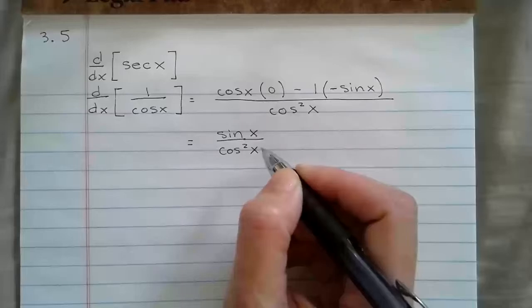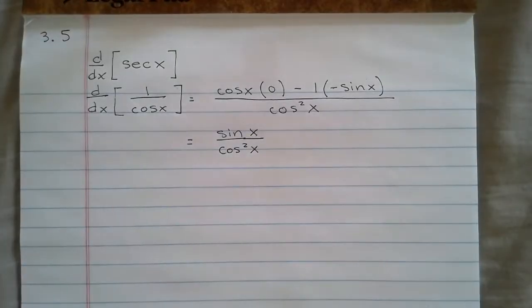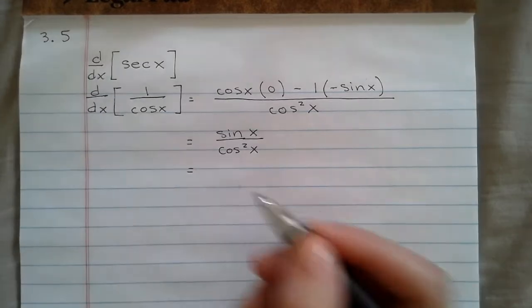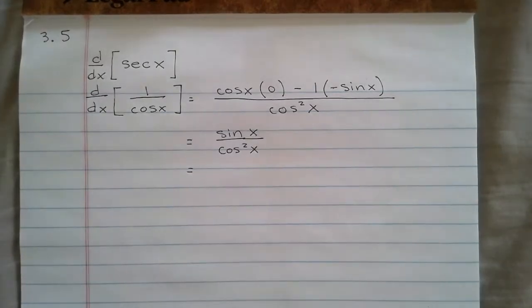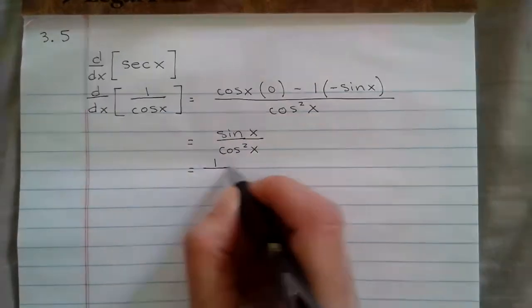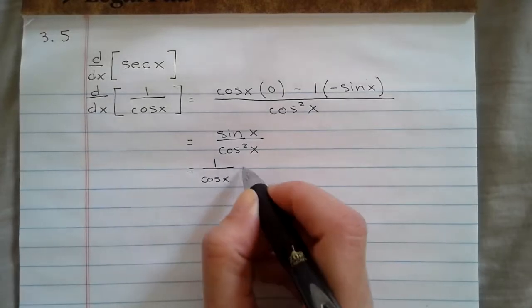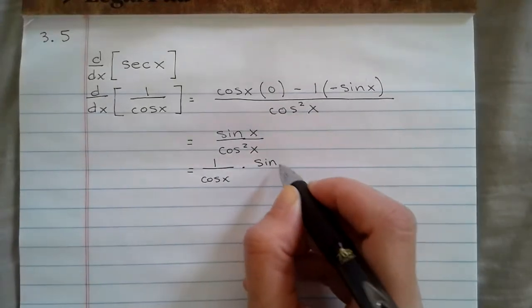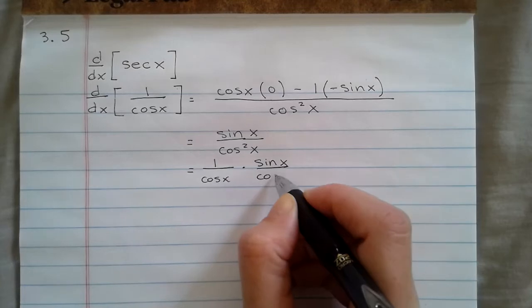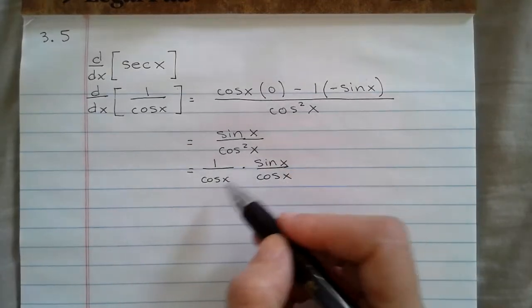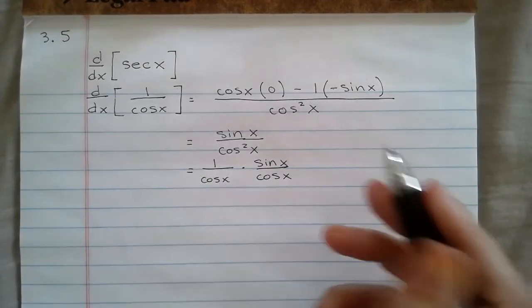And I'm going to do something kind of weird and split this up because there's a very traditional format that we put this in. We don't leave it as sine x over cosine squared x. We can rewrite this as 1 over cosine x times sine x over cosine x, right? It's the same thing. If you multiply it, we get sine over cosine squared.